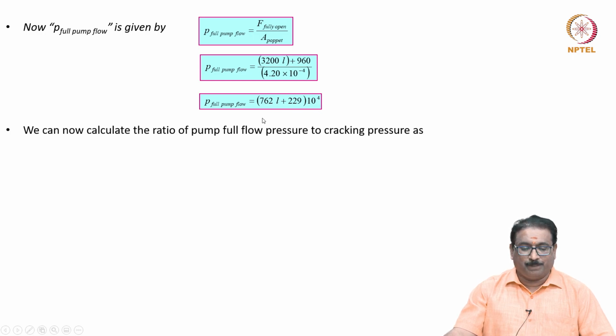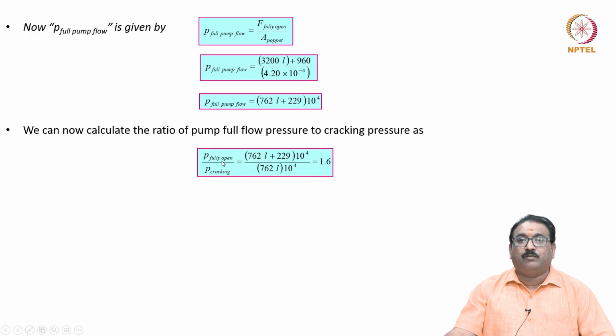We can now calculate the ratio of pump full flow pressure to the cracking pressure, P fully open by P cracking, correct, which is equal to their given condition 1.6.